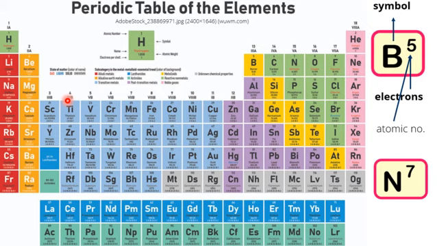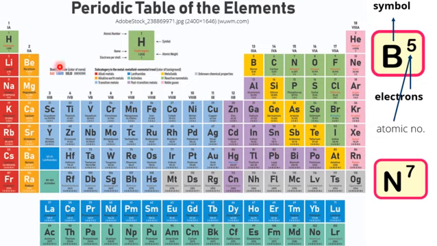How about the column that I was talking about a while ago? The column here is what we call the group of the element. So column 1 pertains to group 1, column 2 pertains to group 2, column 3 pertains to group 3, group 4, and so on until group 8.